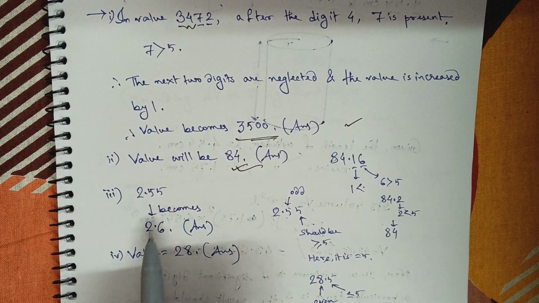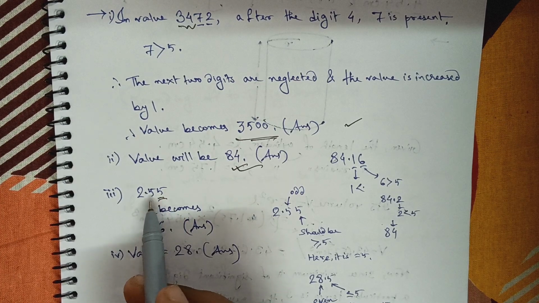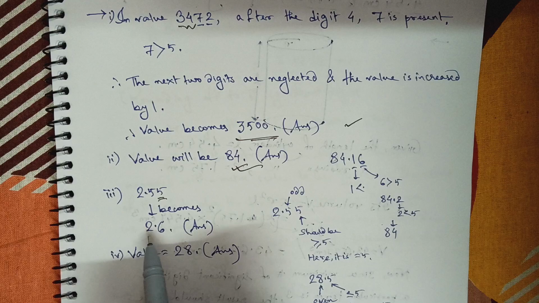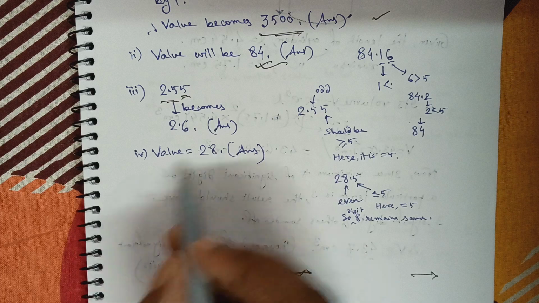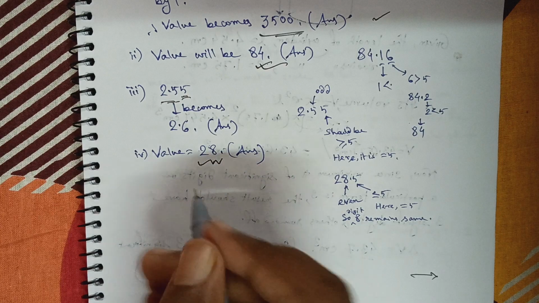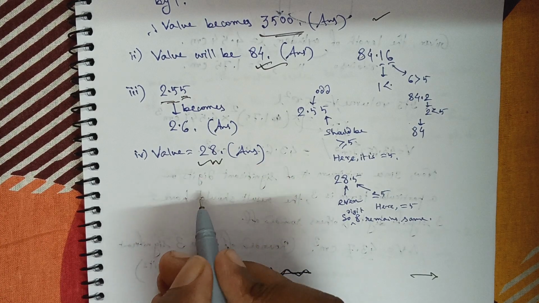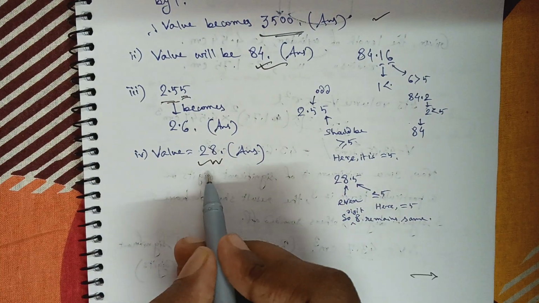In case of 2.55, it becomes 2.6, because the digit 5 is greater than or equal to 5, so it makes this 5 into 6, so the 2 significant digits become 2.6. Now the value 28.5 will become 28, because after the decimal point the digit is 5, and just before the decimal point it is an even number, so it remains the same, so it becomes 28.